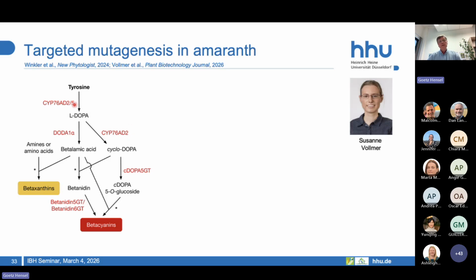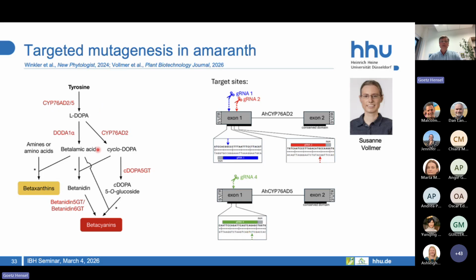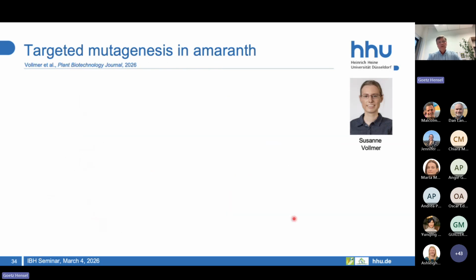Susanne used targeted mutagenesis to inactivate the first gene, AD2, and for this she designed 2 guides in exon 1. You see here the genomic structure of the 2 CYP genes in Amaranth. She selected 2 guides for AD2 and 1 guide for AD4, and another guide as a control for the Ruby fusion protein.